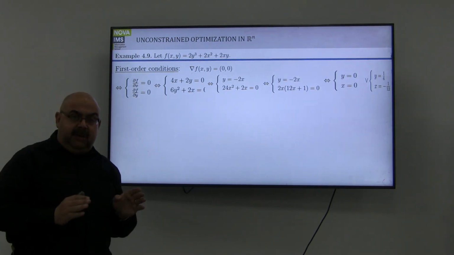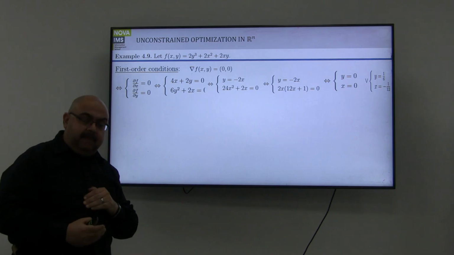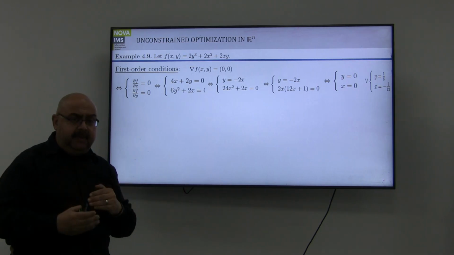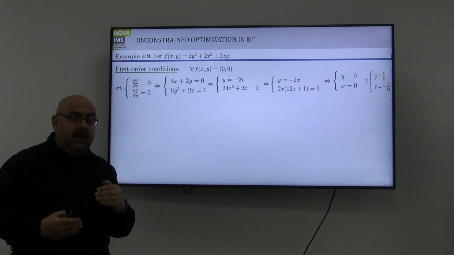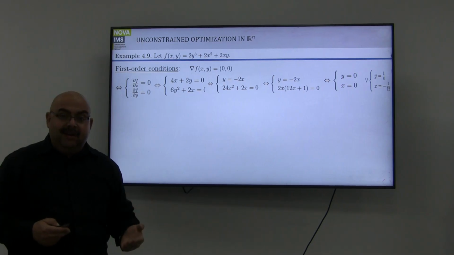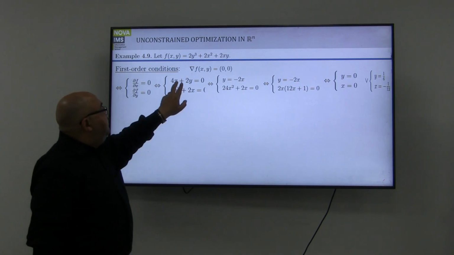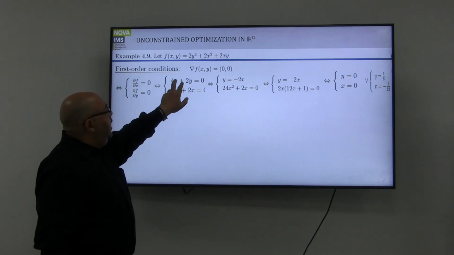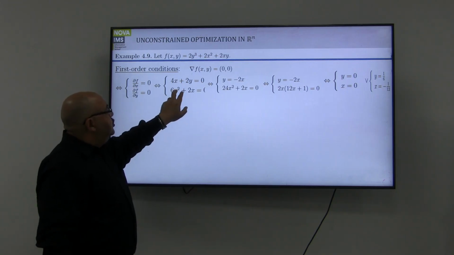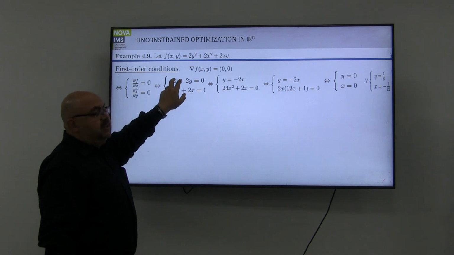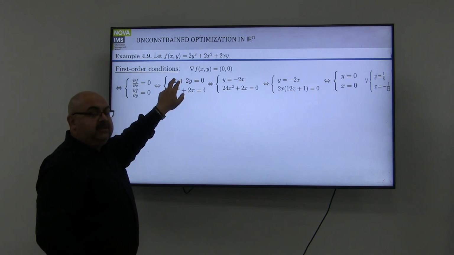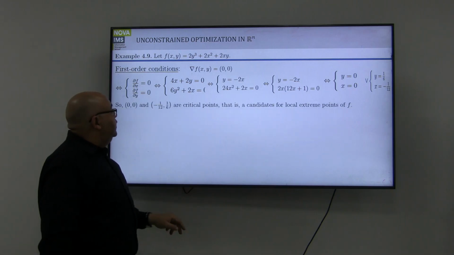In a similar manner to the previous problem, I will get my Hessian matrix once more, which means I will need to get the second derivative with respect to x, the second derivative with respect to y, and the mixed derivative, in x then in y, or vice versa. And this is exactly what I did.